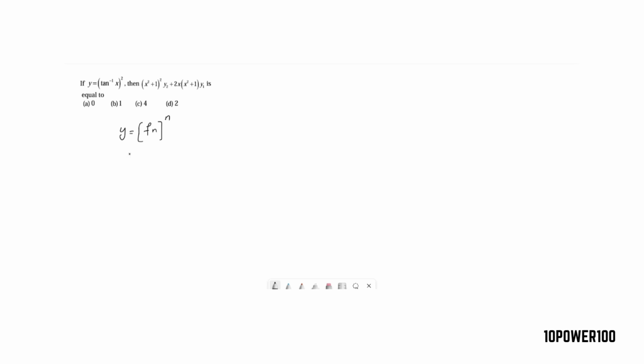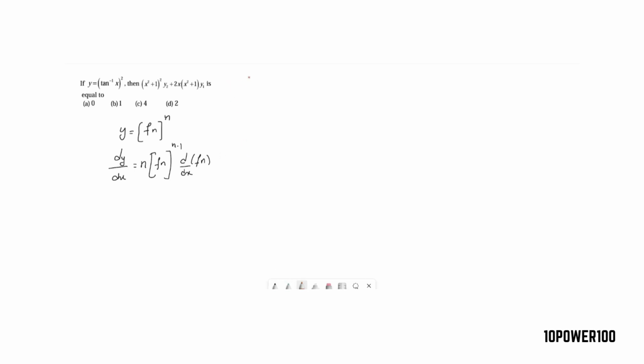So dy by dx is same like x power n, but there is a small change in this. So function power n differentiation is n into function power n minus 1 into differentiation of function, so d by dx of function. So this is the function power n formula.